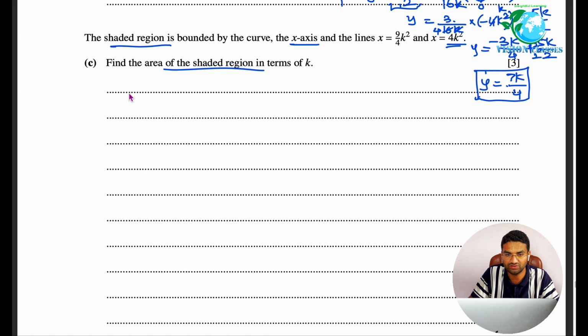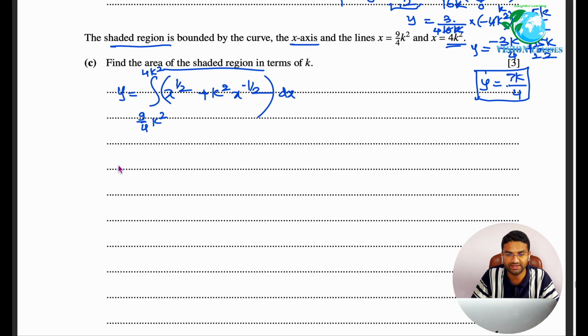So the given equation is y is equal to x raised to 1 by 2 plus k square x raised to negative 1 by 2, and you have to integrate from x is equal to 9 by 4 k square to x is equal to 4k square, isn't it, dx, right?